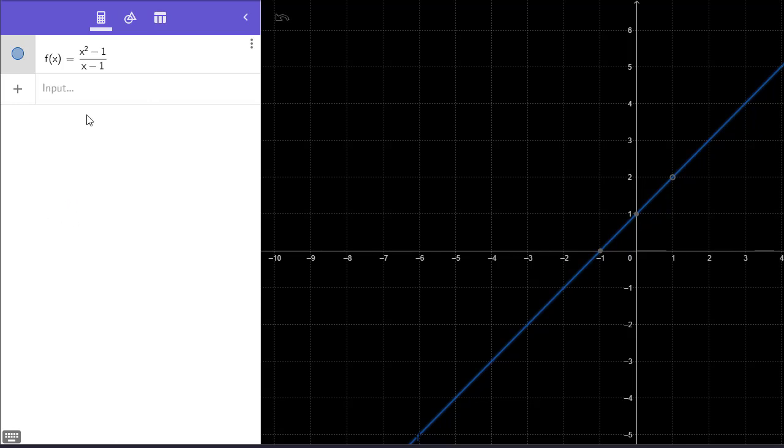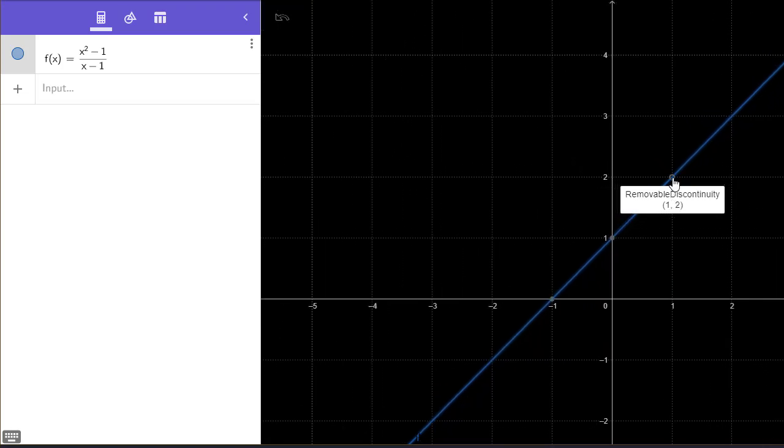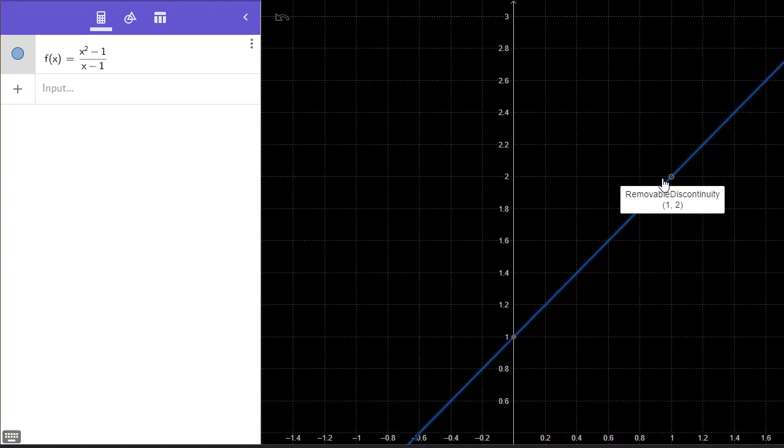When I jump to this function in my graphing suite here, you can see that it graphs the function, and note it puts a little guy here. It looks like a little open dot, and that's exactly what it is. It says removable discontinuity at 1, 2.